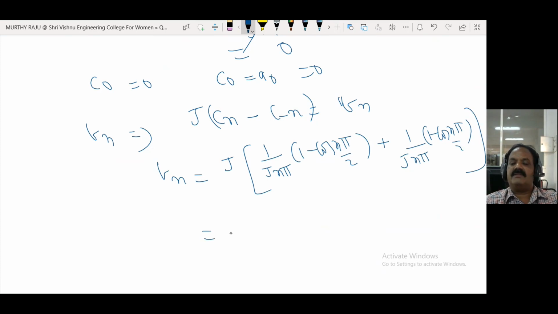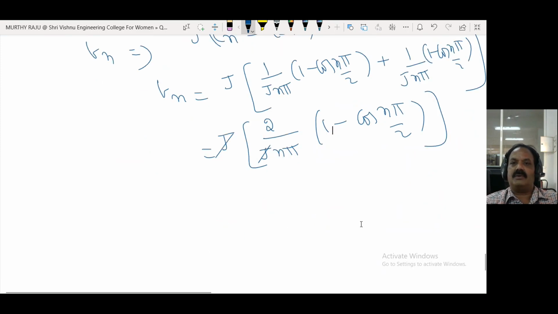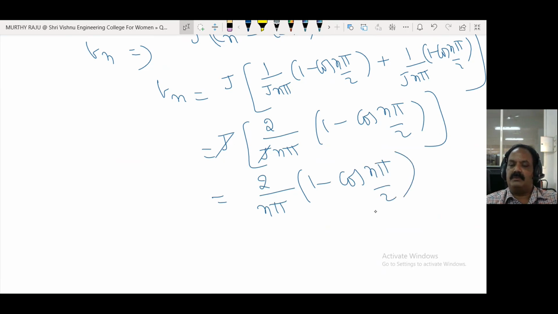That is equal to j times 2 by j n pi into 1 minus cos n pi by 2. J cancels. Therefore, Bn is equal to 2 by n pi into 1 minus cos n pi by 2.